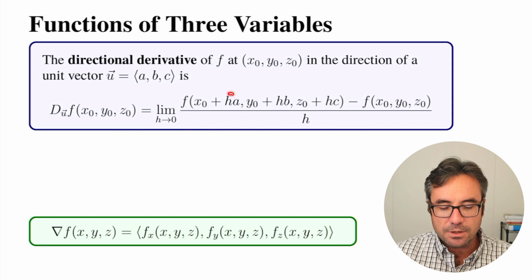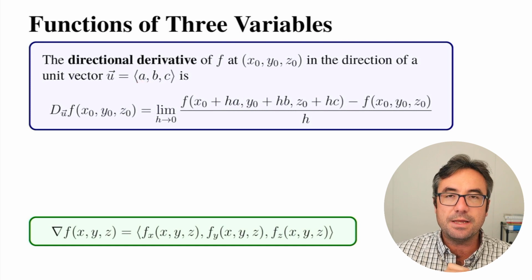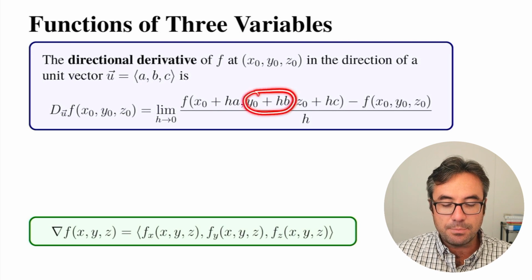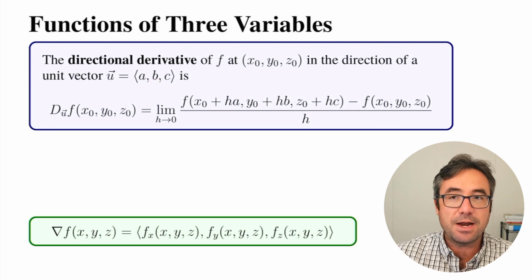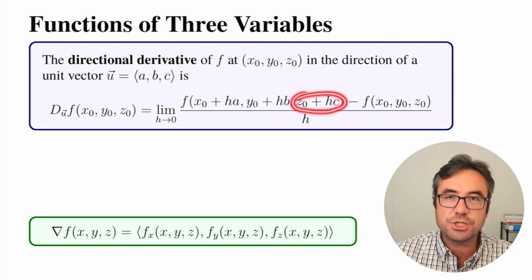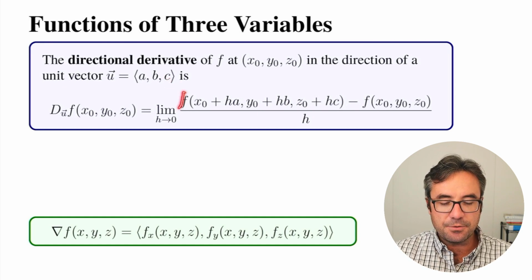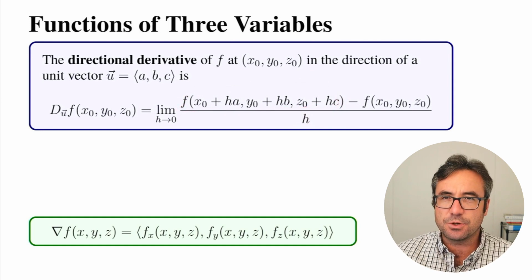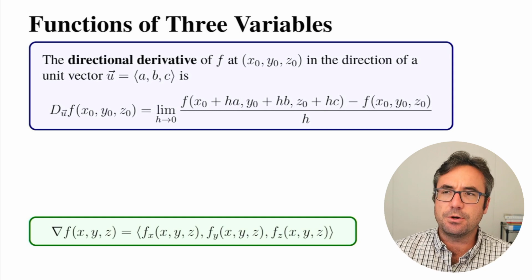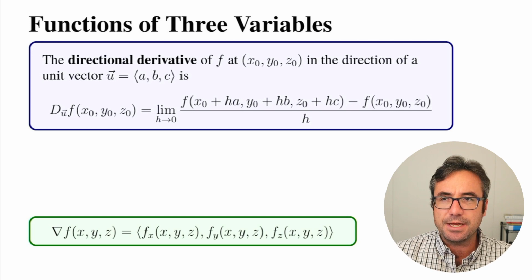This time we're letting the x component change by a little bit in the direction of our unit vector, the y component change by a little bit as specified by our unit vector, and then the z component change by a little bit as specified by our unit vector. And we're seeing how the changes in this function behave as h goes to 0, so as those small changes go to 0. So we end up with a definition similar to what we saw in the two-dimensional case.